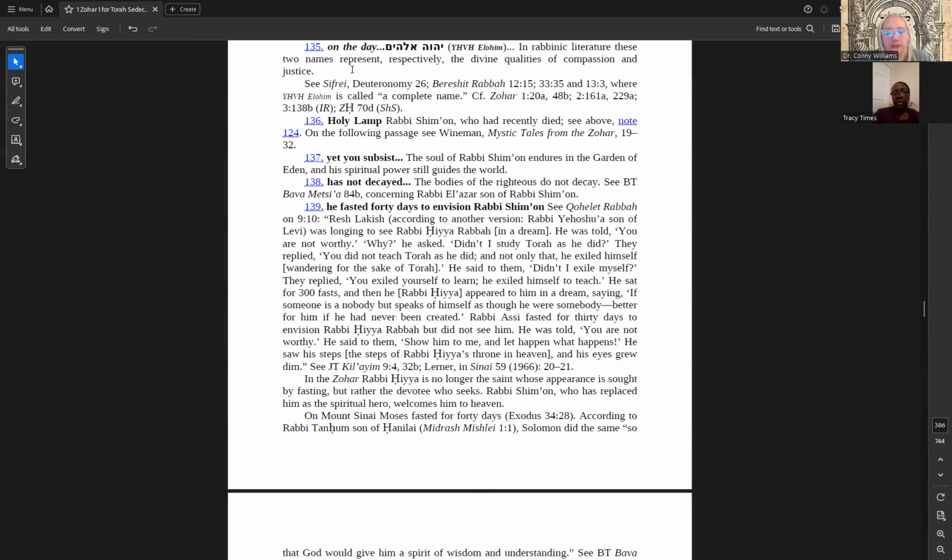It's a big universe. So basically, it is decided through these names how God would rule in this existence, that he would rule with compassion as well as justice.